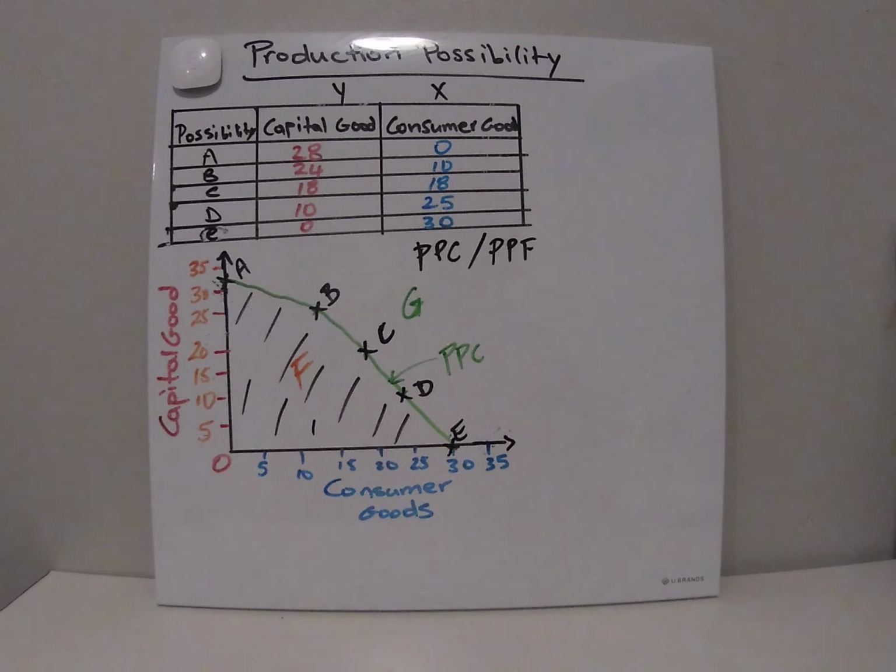All right. Next thing we're going to do is calculate the opportunity cost of one of the goods, or the opportunity cost of producing an increase in one good.